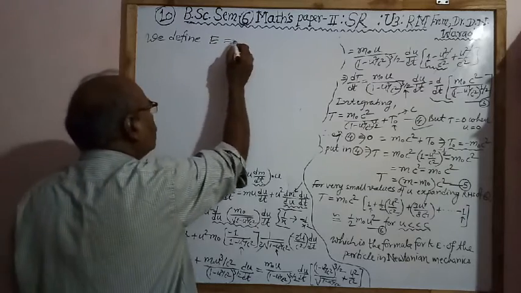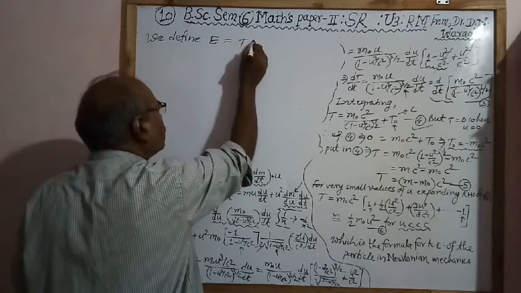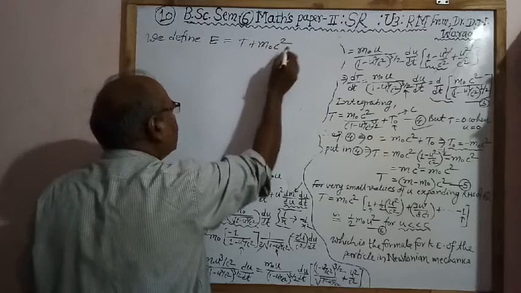We define E equal to T plus m0 c square.